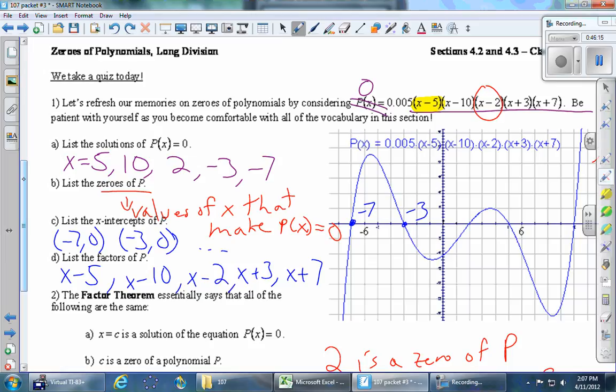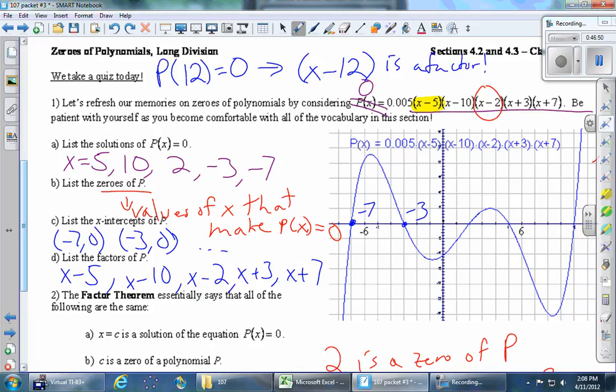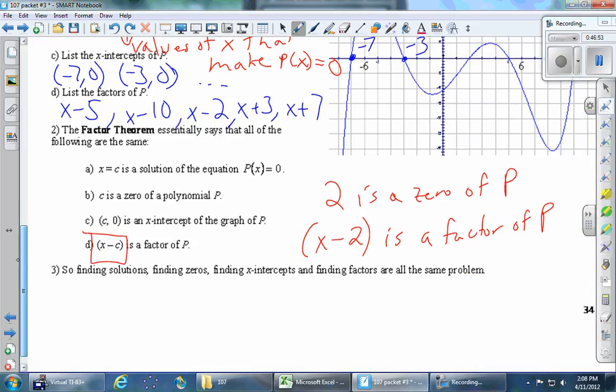If I change it to something that wasn't in this guy, what if I say that p of 12 is equal to 0? Can you guys write down what factor must be inside of p somewhere? Everybody agree? If p of 12 equals 0, that's like this part A. If you find a number that makes it 0, then x minus that number must have been a factor. X minus 12 must be a factor. What if it was a different sign?